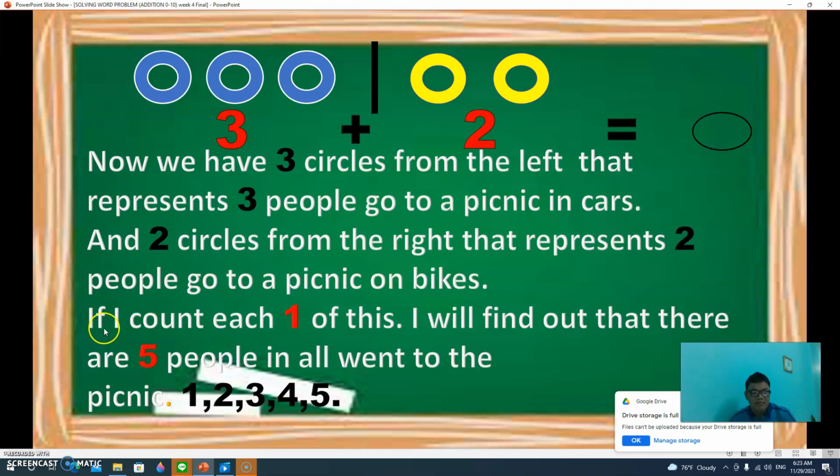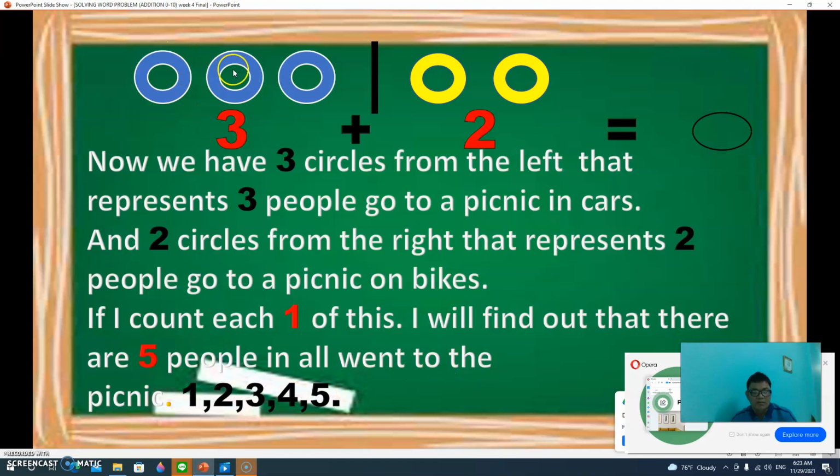If I count each one of these, I will find out that there are 5 people in all who went to the picnic. 1, 2, 3, 4, 5.